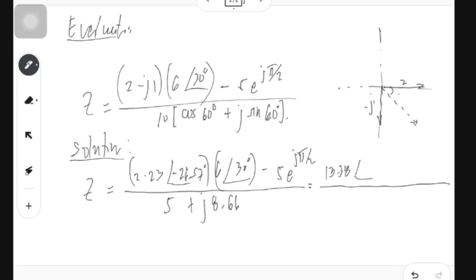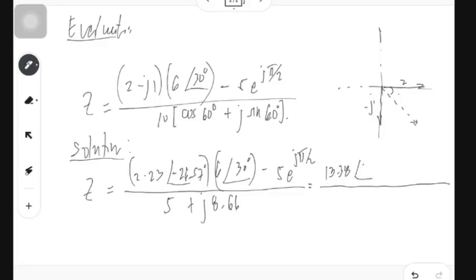Now, simply combine the angle. Negative 26.57 plus 30 is positive 3 point ilan? 3.43 po. Still in degrees, ano?